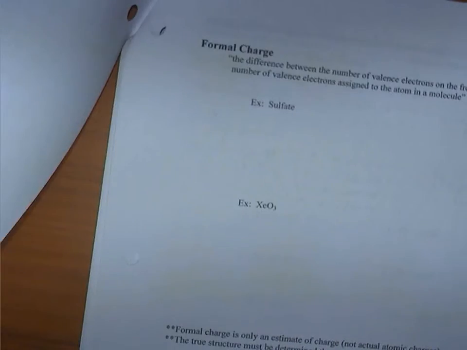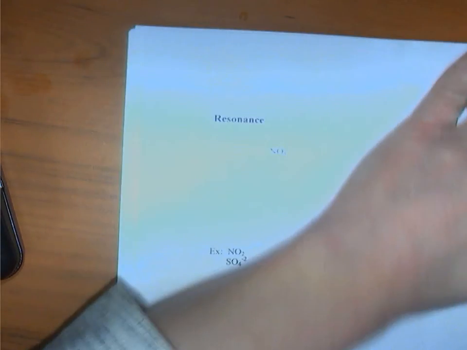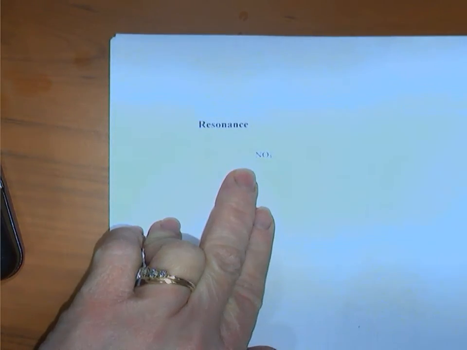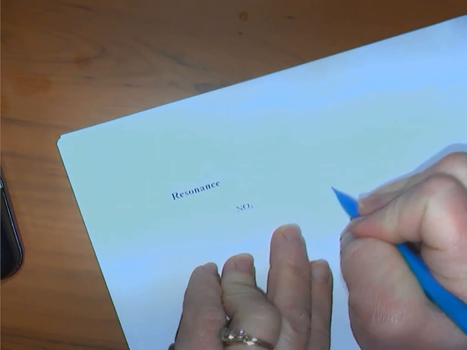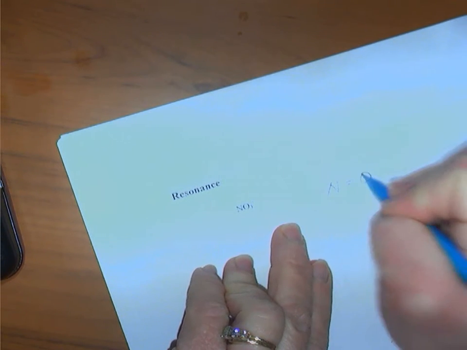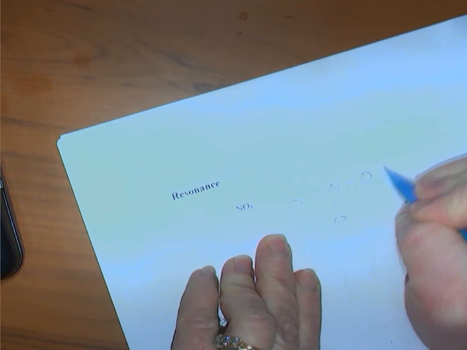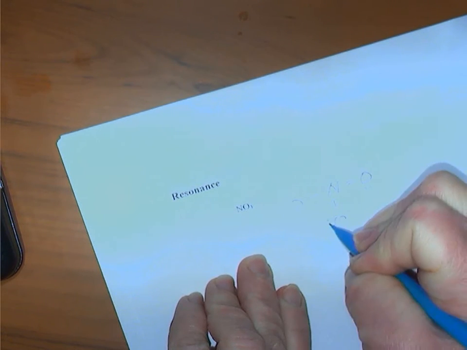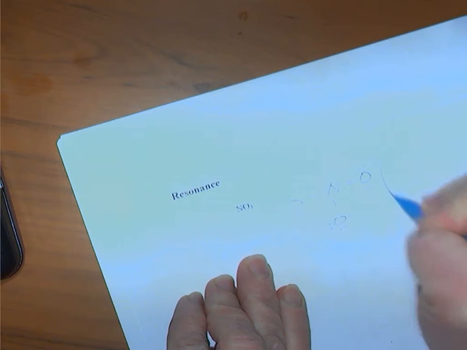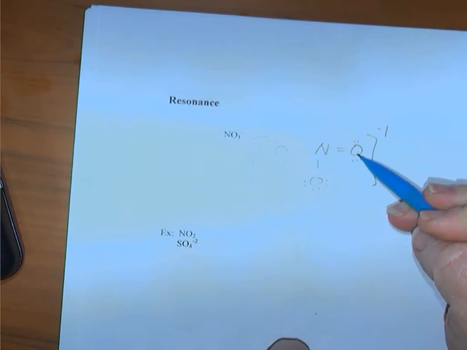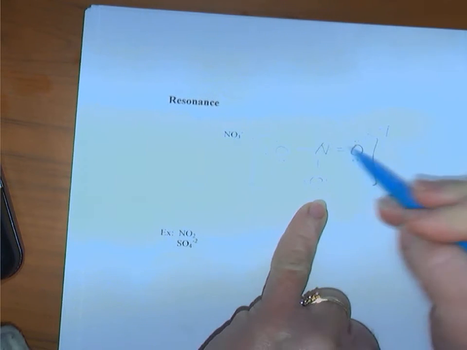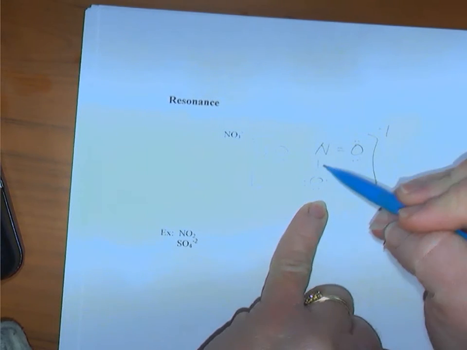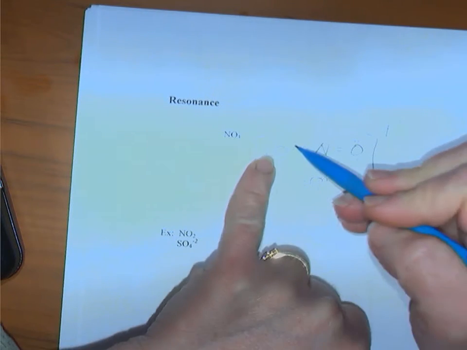Nitrate does something called resonate. So if we go back to the structure that we just had, I chose this oxygen on the right to make the double bond, where someone else in class may have chosen it here, someone else may have chosen it here.